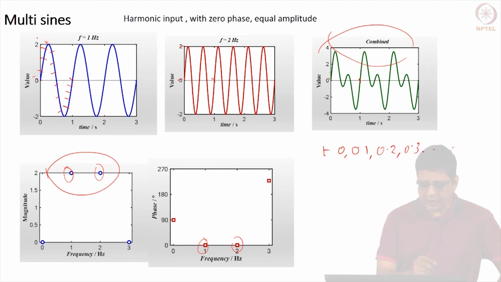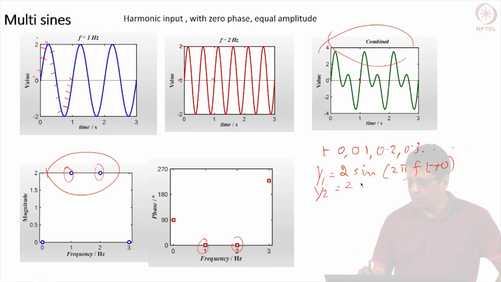Now, the first wave is generated using 2 sine 2 pi f t plus 0, f is 1 Hertz. At various time intervals, I know the wave 1 will have these values. Y2 is going to be 2 sine 2 pi, f here is 2 t plus 0, and the y here is going to be y1 plus y2.